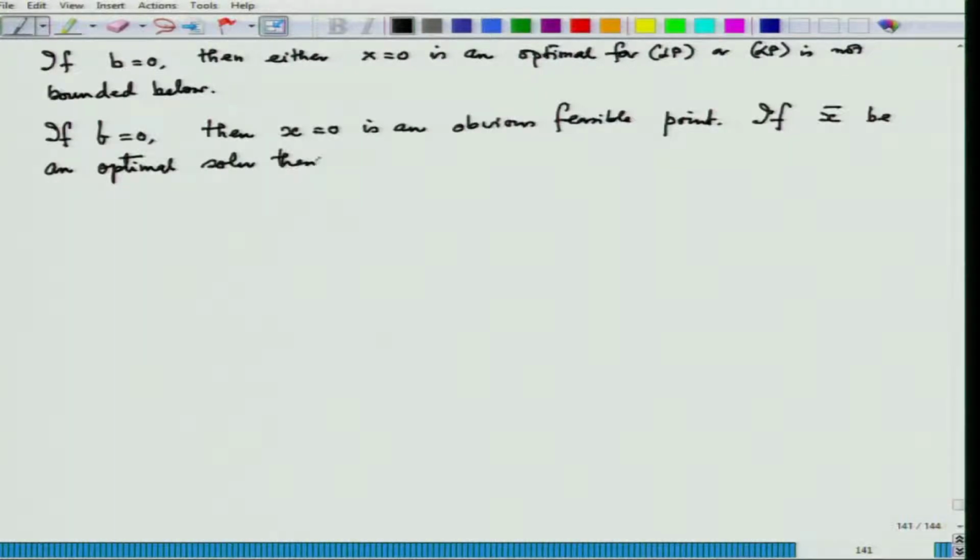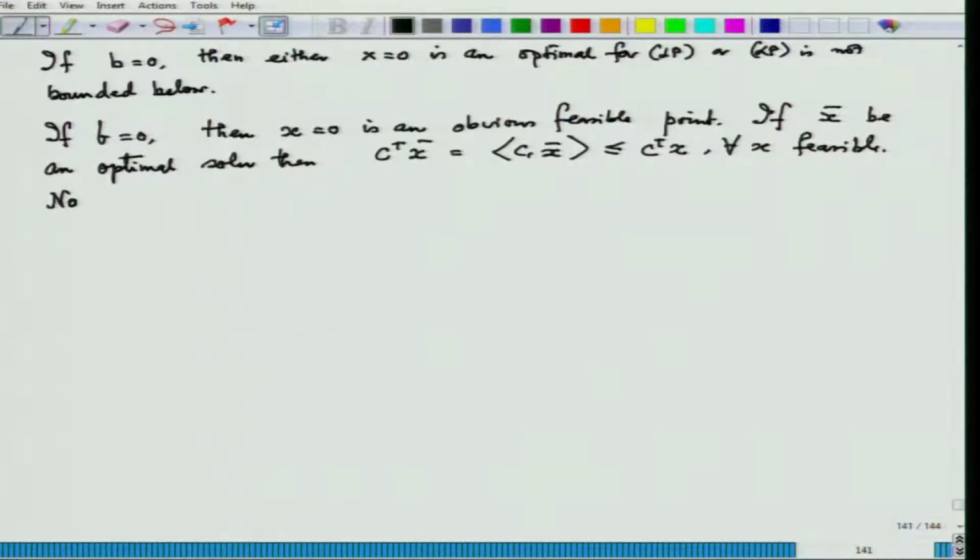Then c transpose x bar is greater than or equal to c transpose x. Sorry, I made a mistake. c transpose x bar, which is a solution, is less than or equal to c transpose x for all feasible x.